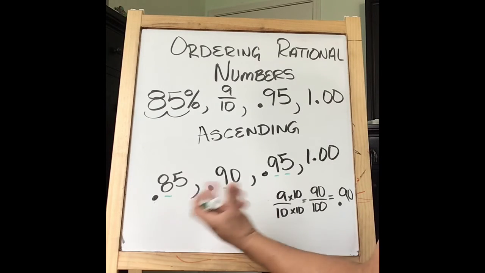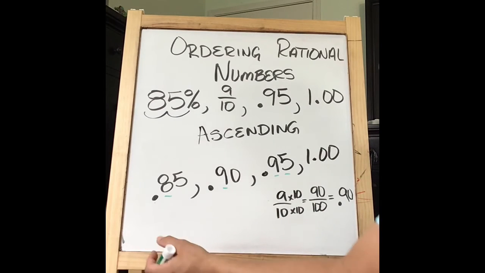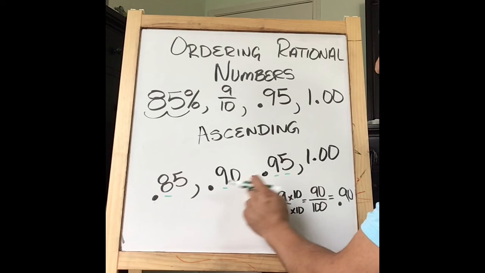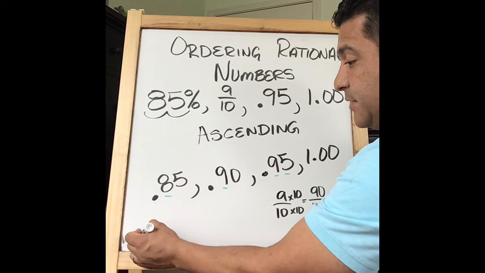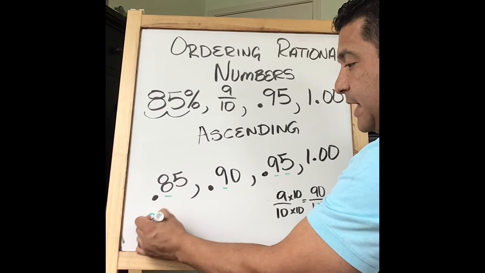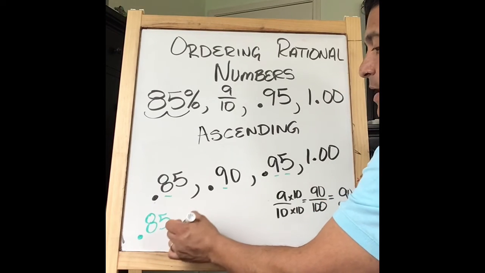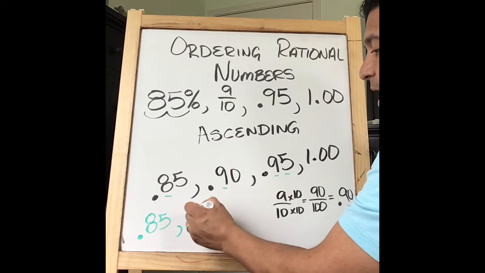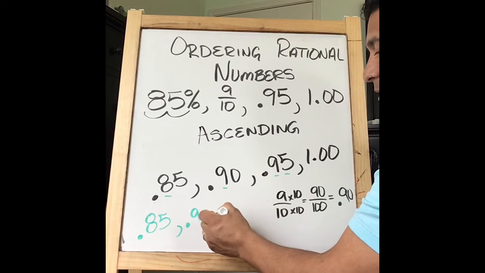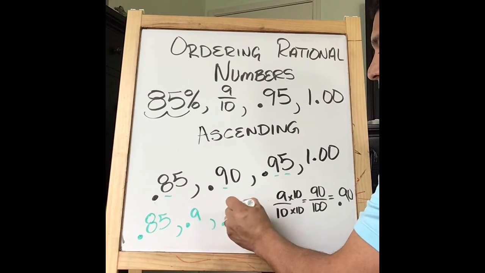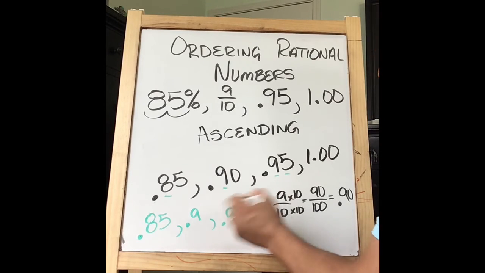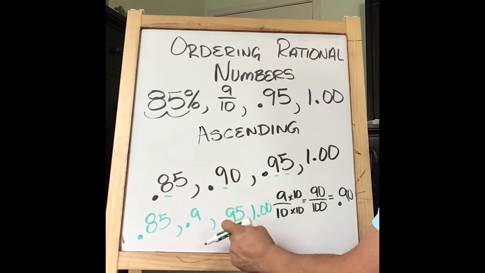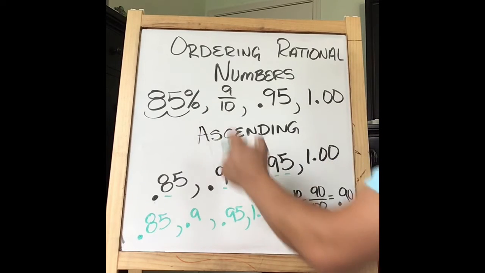Well, let's look at it as if these were dollars. 85 cents, 90 cents, 95 cents, $1. $1 is going to be bigger than the cents, so this is going to be my last. So my answer is just the way it is. 0.85 and then 0.9 or 0.90, either one, 0.95 and 1.0.